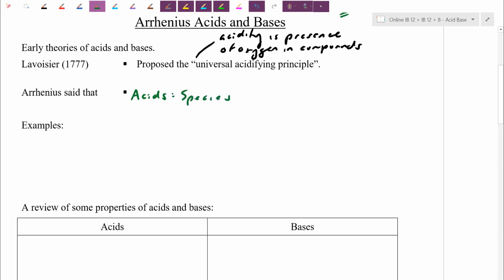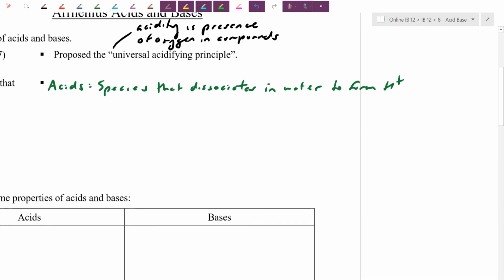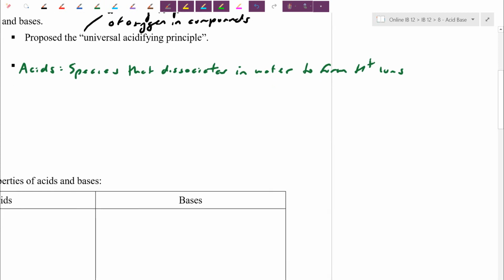It's a chemical, a species that dissociates in water, or you can just say in solution, to produce H+ ions. So unlike Lavoisier here, who said, okay, well, acids have to contain oxygen, Arrhenius sort of redefined that a little bit, and he focused more on this H+.